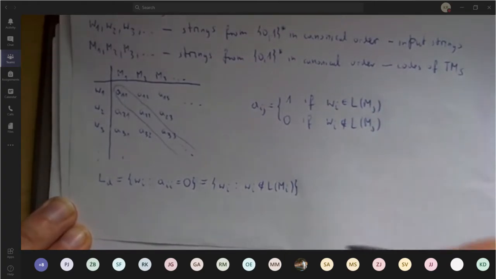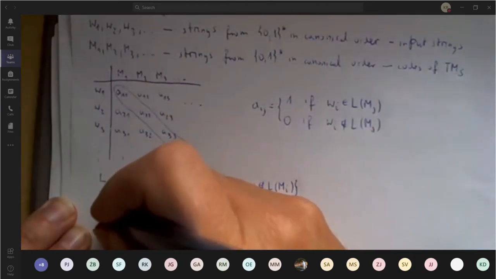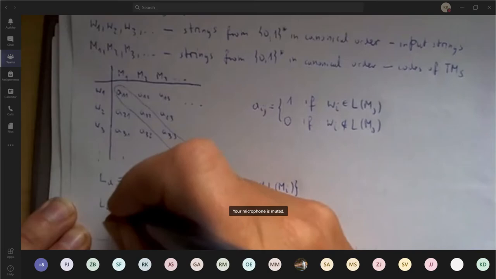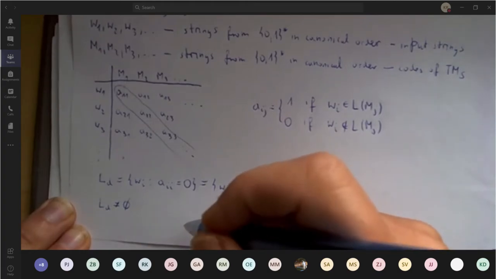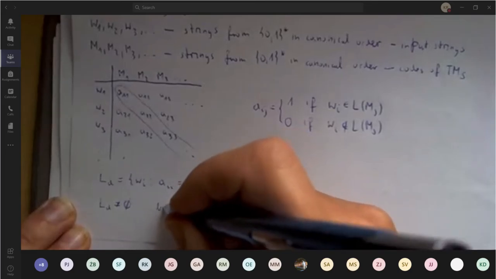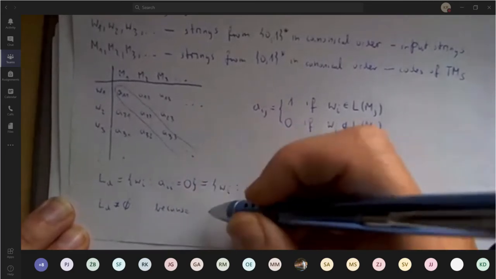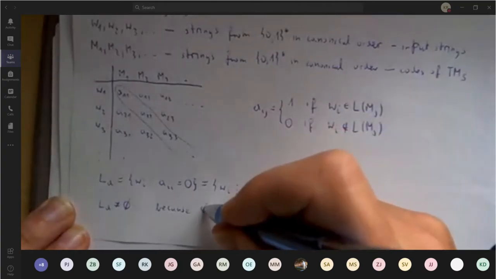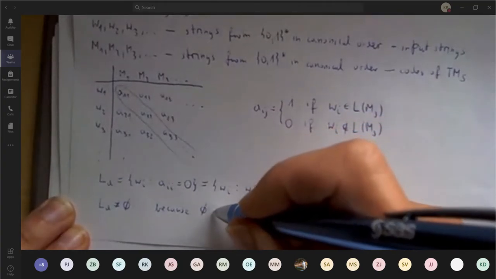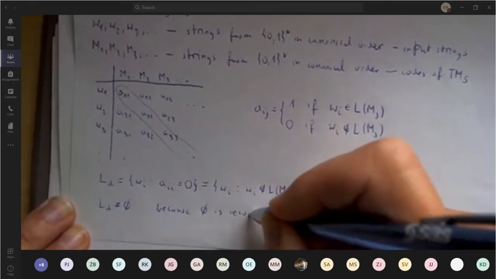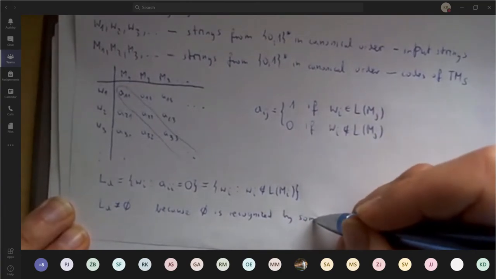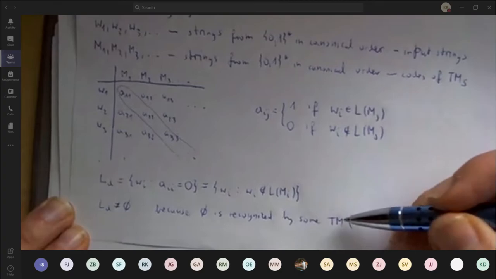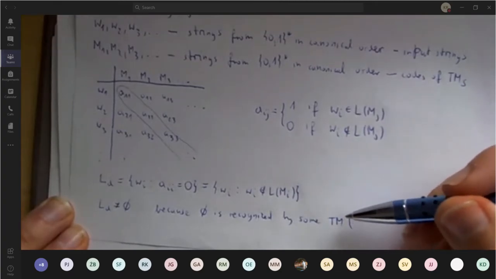Okay, so let's observe that this language is not empty. Why? Because, for example, the empty language is recognized by some Turing machine, for example if the code of this Turing machine is not a correct code.